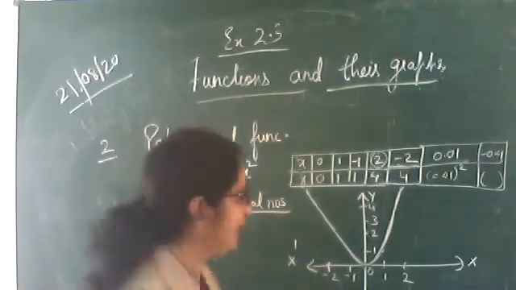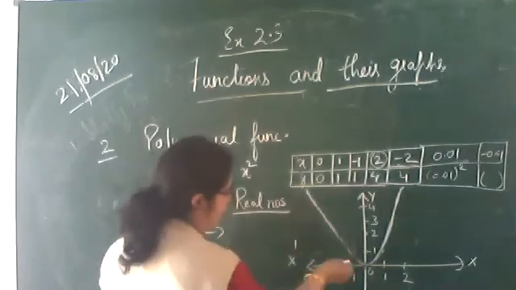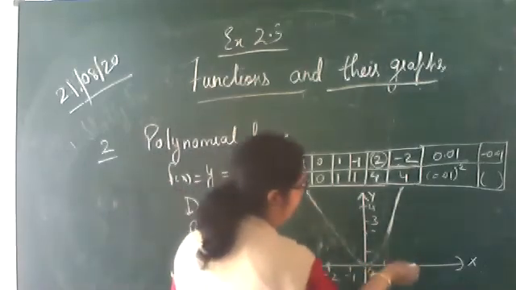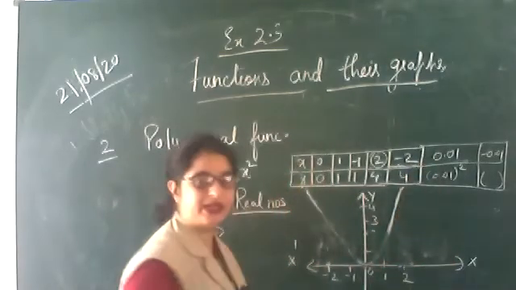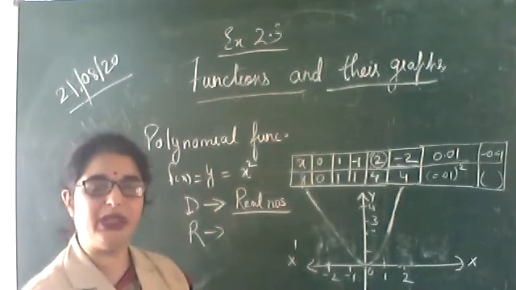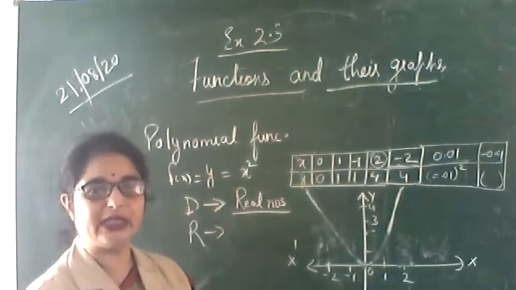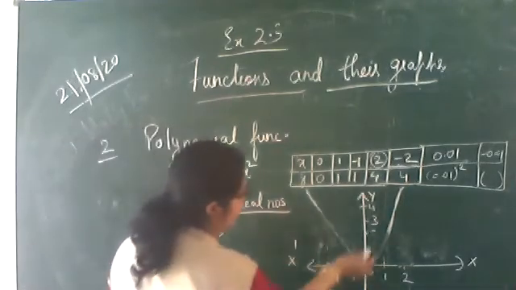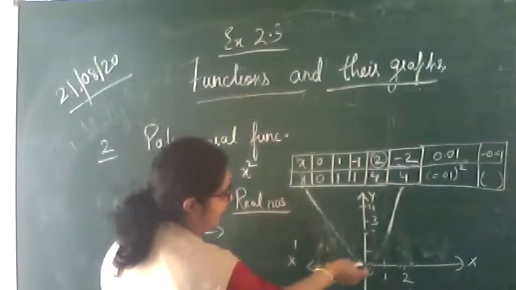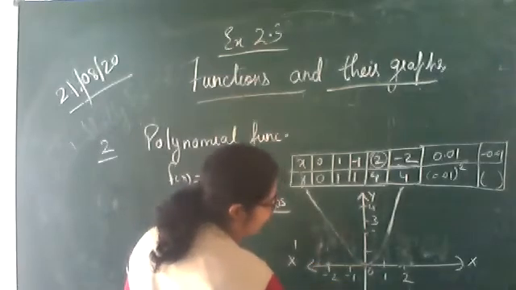Just see, the graph is always coming above the x-axis. Above the x-axis, y is always positive; y will be negative when we move down.